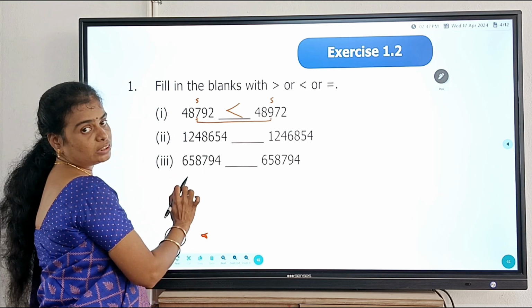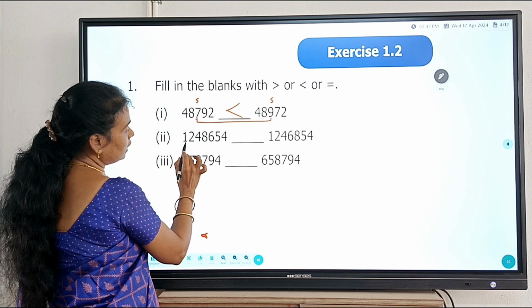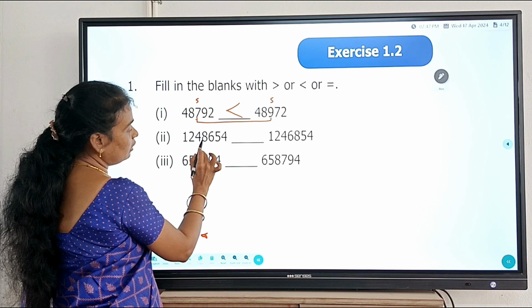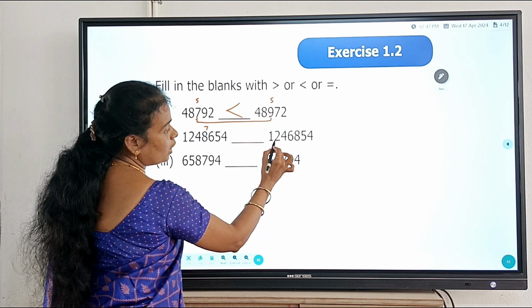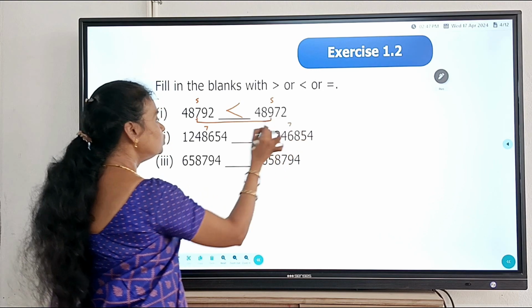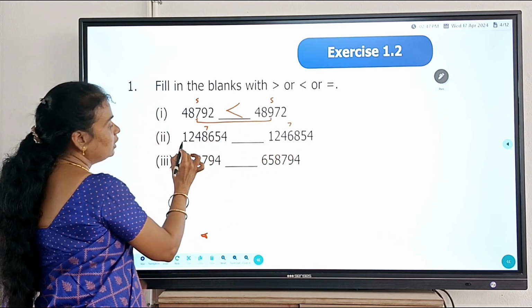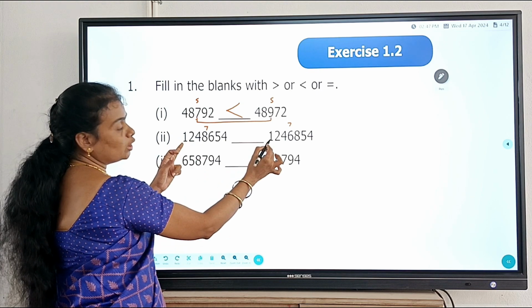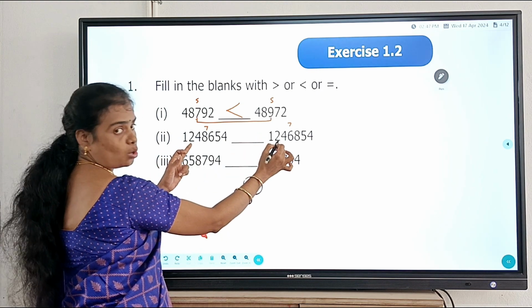The same way, next one. Count the number of digits on the left hand side and on the right hand side. On the left hand side, we will get 1, 2, 3, 4, 5, 6 and 7. And here 1, 2, 3, 4, 5, 6 and 7 again. In the same way, we will compare the digits one by one. The first digit is 1 here, here also it is 1, and it is 2 on the left side and 2 on the right side.